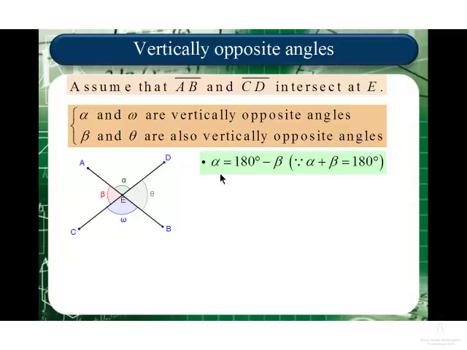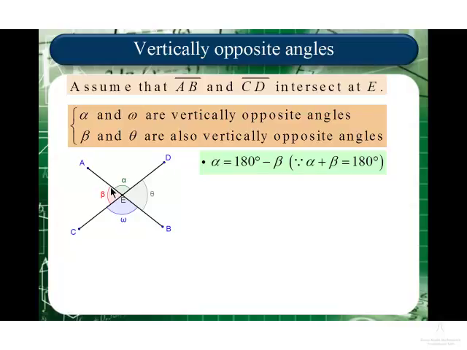Also note that alpha can be represented as 180 degrees minus beta. Why is that? Because the sum of the two angles alpha and beta is equal to 180. Note that the line segment CD represents the straight angle of 180 degrees as discussed before.